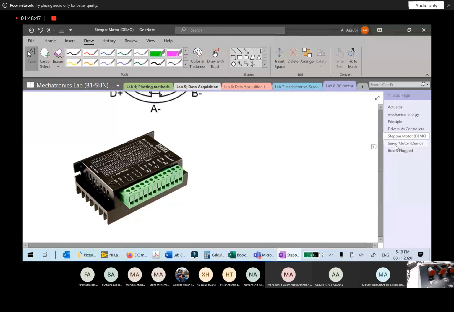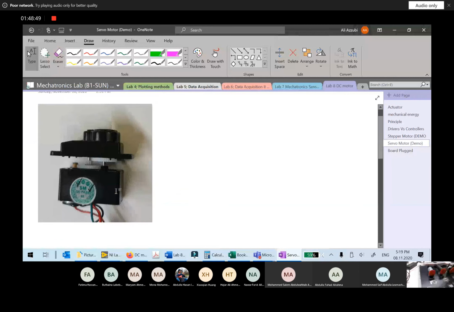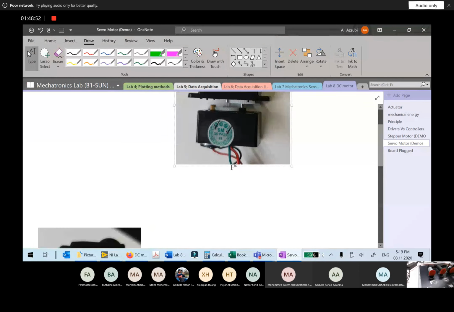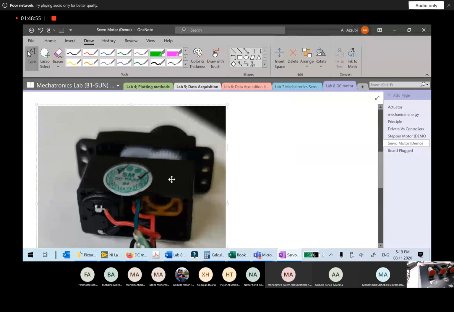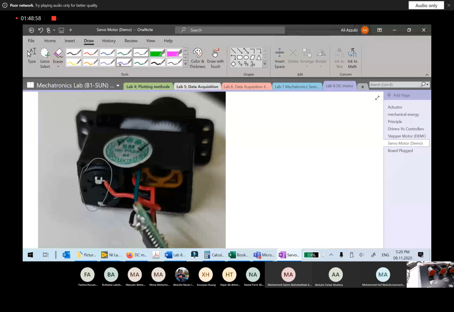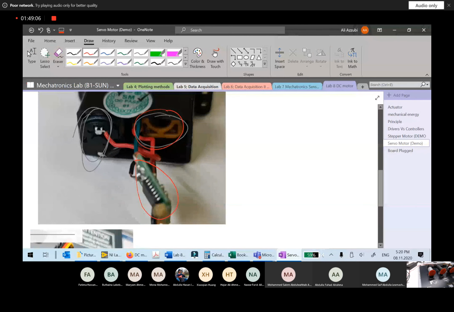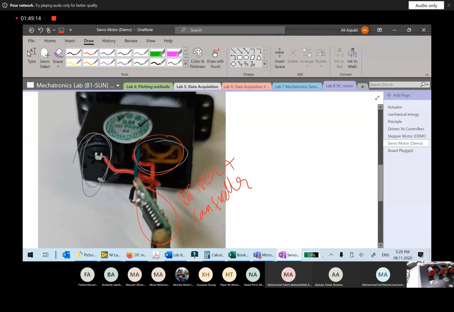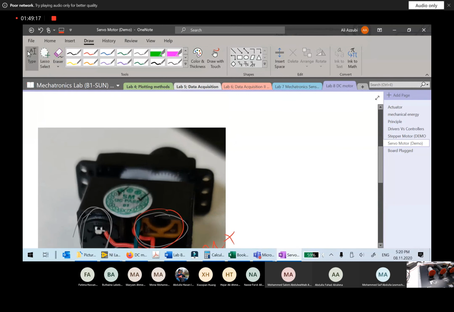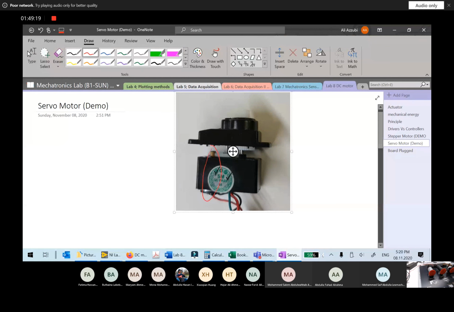Okay, the stepper and servo, they are really easy. This is a servo here that I opened in the lab. You can see the servo is simply a DC motor. This is a DC motor, a very simple one. This one is a potentiometer used to measure output angle, and it's actually both driver and controller integrated into one circuit like this. So the servo is a system, actually, it's not a motor. Simply here the output DC motor is connected to this gear train, and there are some gears inside.